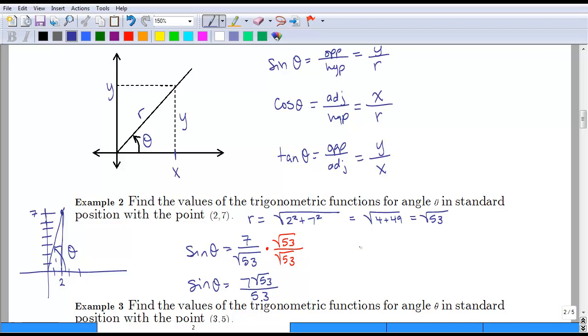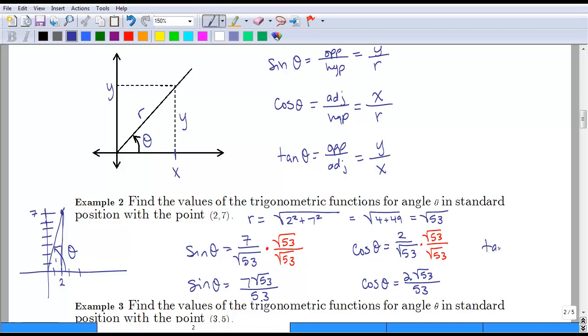Now, if we look at cosine, cosine theta is going to be the adjacent side, 2, or x, over the radius we found, the square root of 53. Again, we need to rationalize that denominator, and we end up with cosine theta being equal to 2 root 53 over 53.